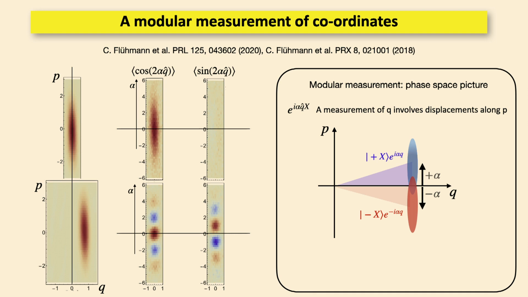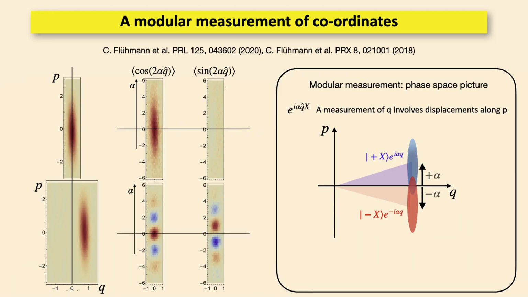Now, I apologize, I've changed notation: the capital X is now the sigma X operator from before. So what's happening there is that we're taking two copies of the state, and depending on whether we're in the plus or minus X eigenstate, we're pulling them apart. And as we pull them apart, they stop overlapping, and when they stop overlapping, we stop seeing the oscillation of this rotation of the qubit. And that's what's happening at the larger values that we get here. That's going to be relevant in a moment.